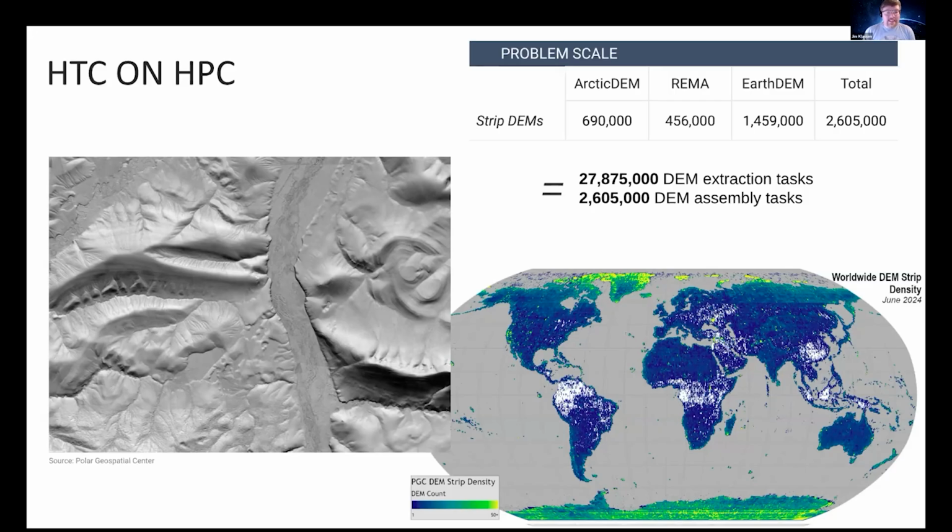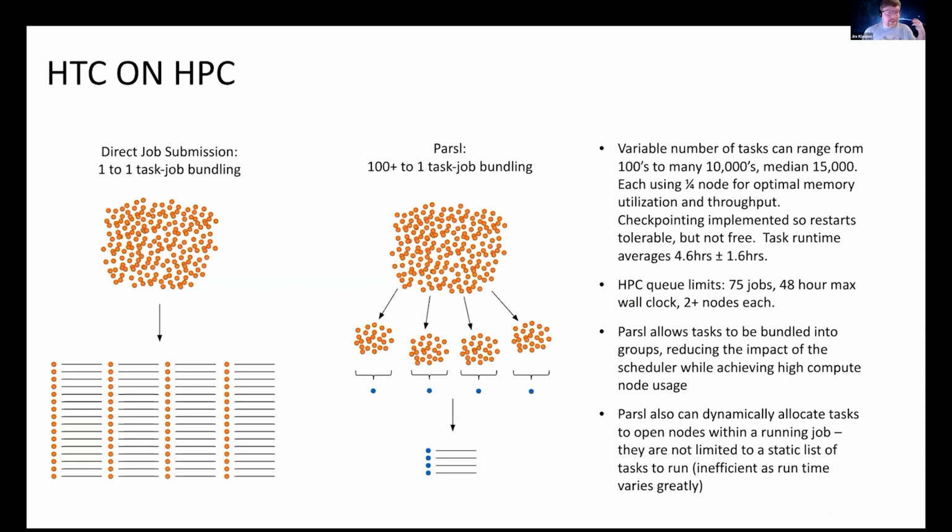But the big takeaway here is we're running lots of tasks that are kind of small. The resources we have available to us are generally HPC resources. Right now, we're primarily running on Frontera.